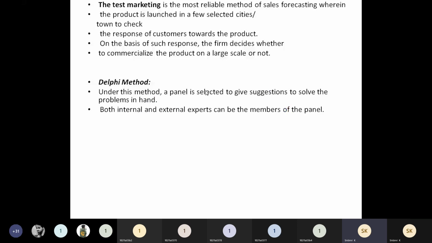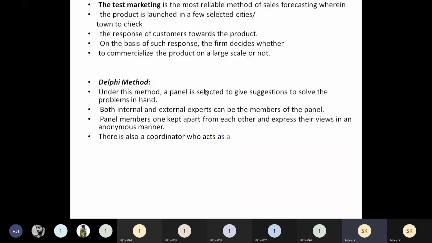And the other technique is the Delphi method. The Delphi method can be used as a qualitative technique as well as a modern technique. Here we create a panel with internal experts and external experts. All those people become the members of the panel, and a coordinator will be there who coordinates the internal and external experts and collects the information from these panelists.